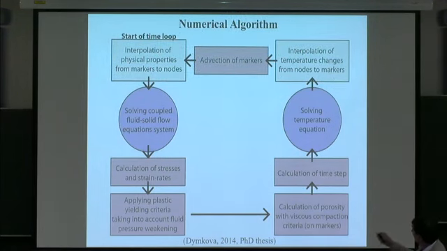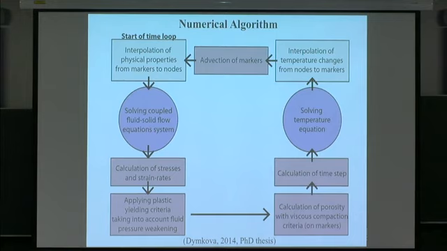So numerical algorithm, one possible algorithm is described in the PhD thesis of my former PhD student Diana Demkova, and essentially it's quite standard: interpolation of physical properties from markers to nodes, solving the systems of equations, calculation of stresses and strain rate, applying plastic yielding criteria, taking into account fluid pressure weakening.